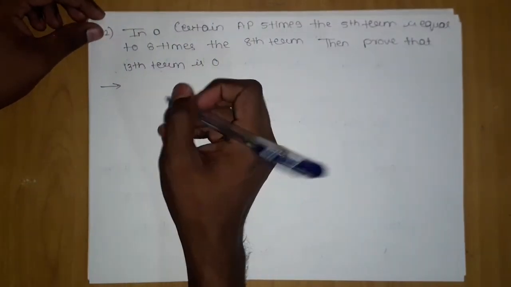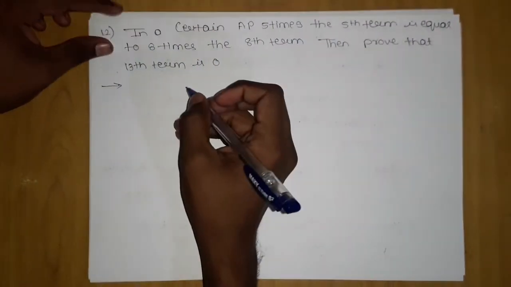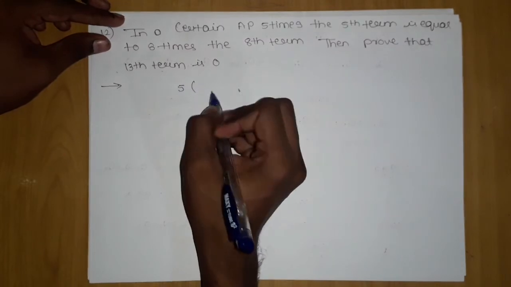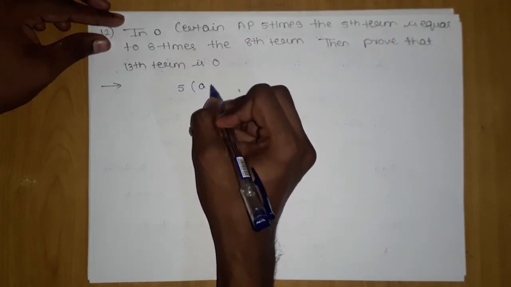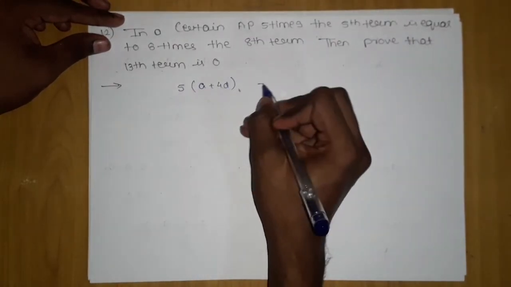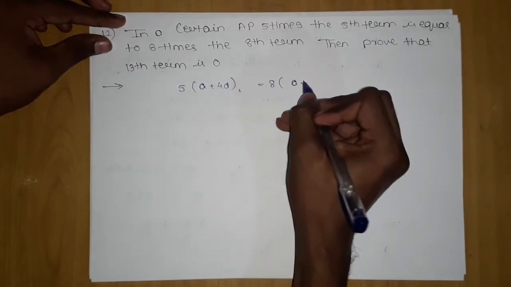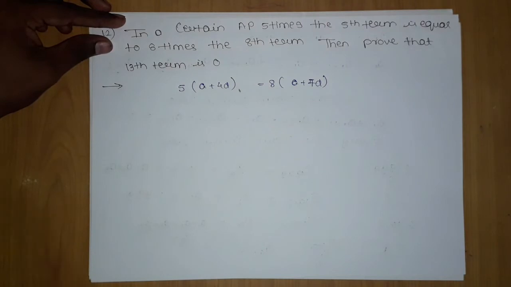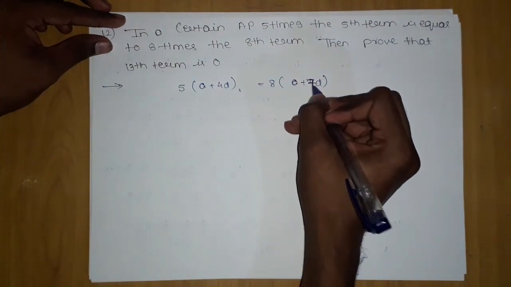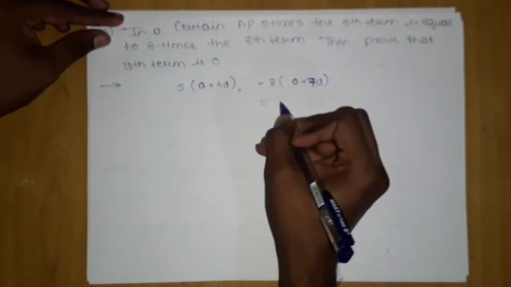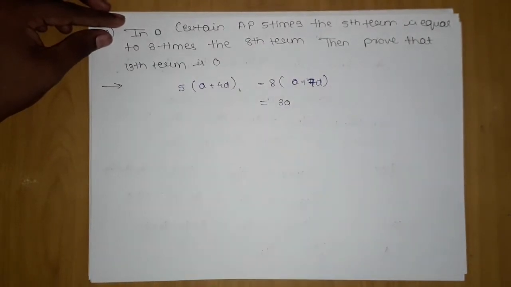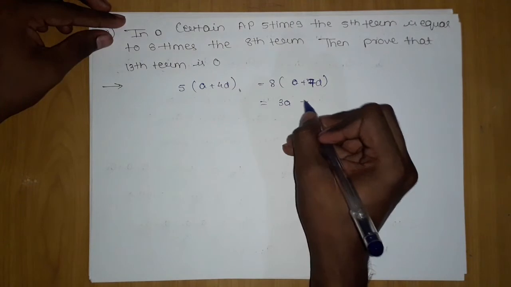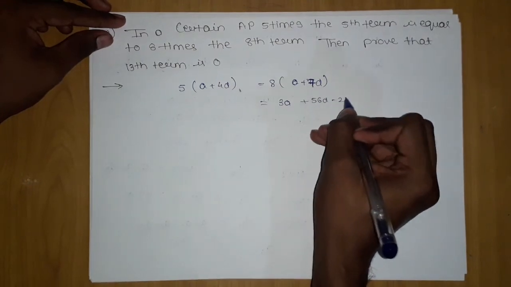Just directly, in such problems just try to write it. 5 times the T5 means 5 times A plus 4D, and here it is 8 times A plus 7D. Now you can come to know that this is 3A and this is 56D minus 20D.